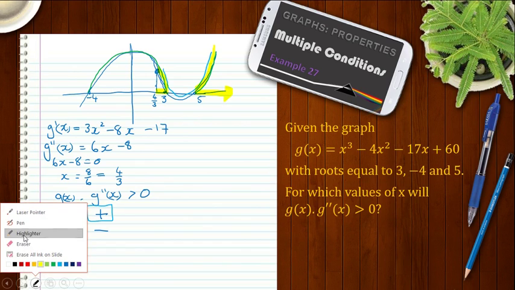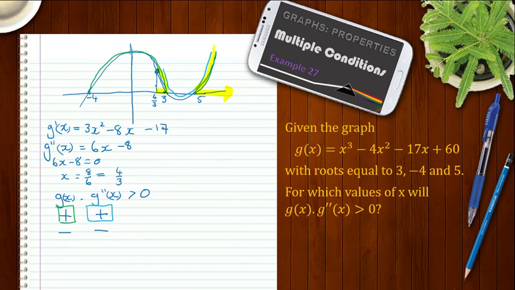So let's put that down. It's where we have 4/3 being less than x and x less than 3. That's my one condition. And where x is greater than 5, we also have both of these conditions positive.